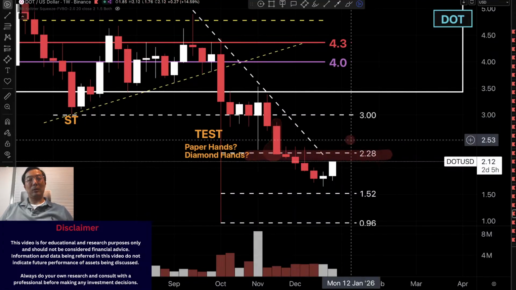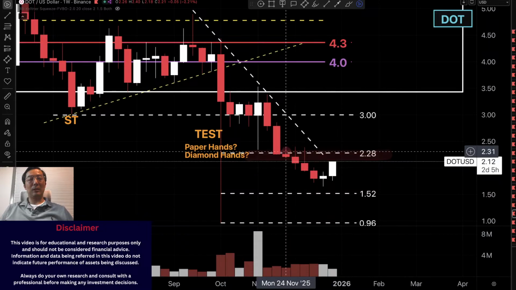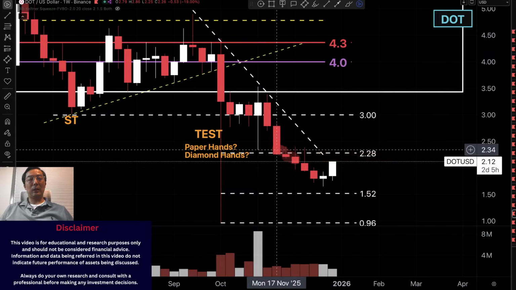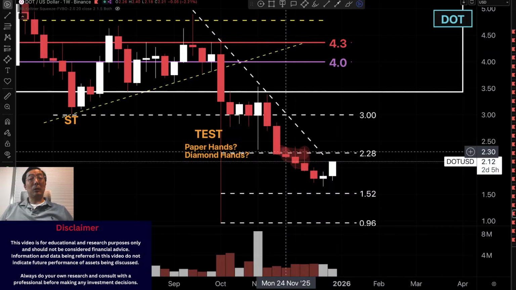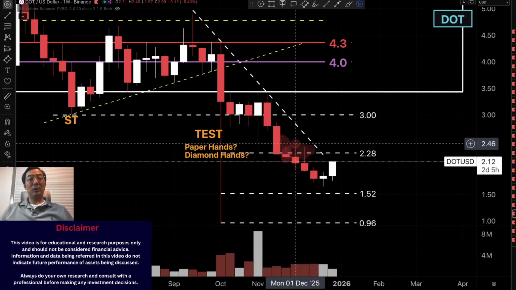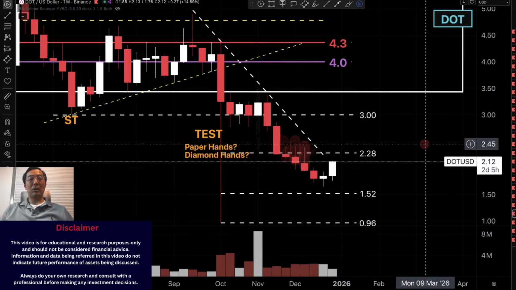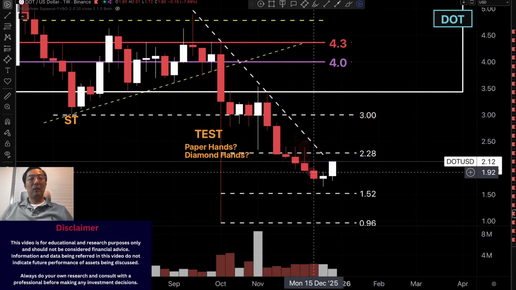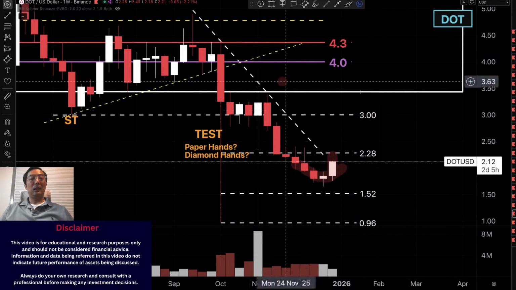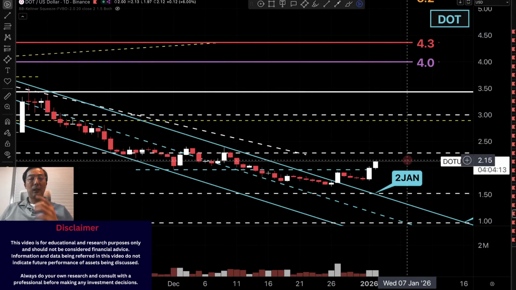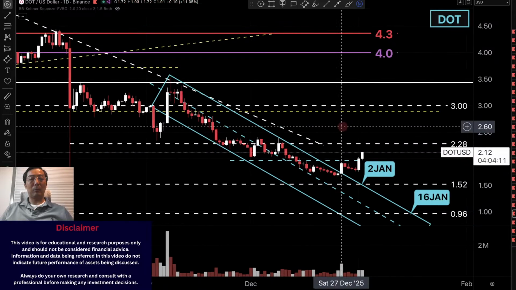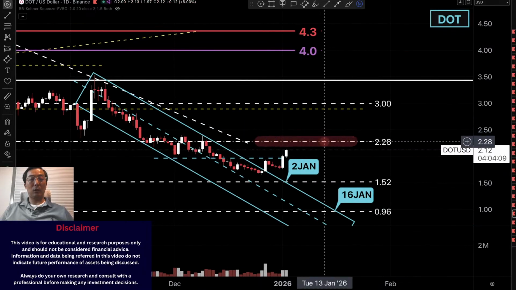That was the support. Now it becomes the resistance, because you see what happened during late November all the way into the second week of December. All 3 times, those rejections, you see these long wicks from the top, came in. So this turn is definitely going to show us whether the bulls have sufficient strength to break above this 2.28 dash line.